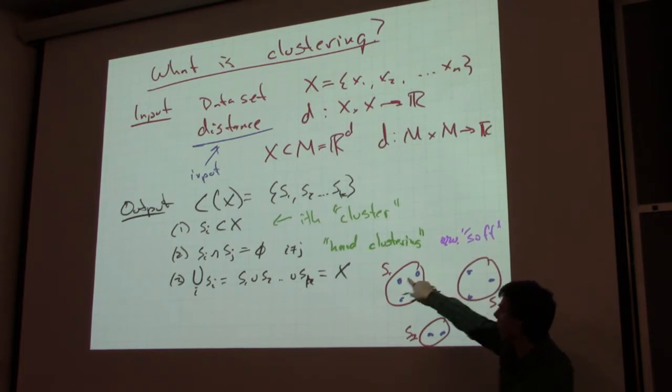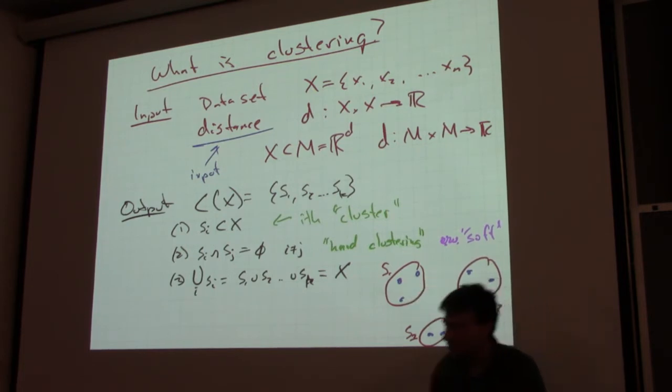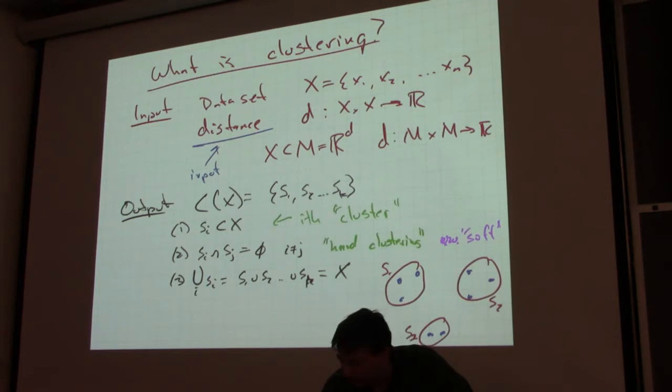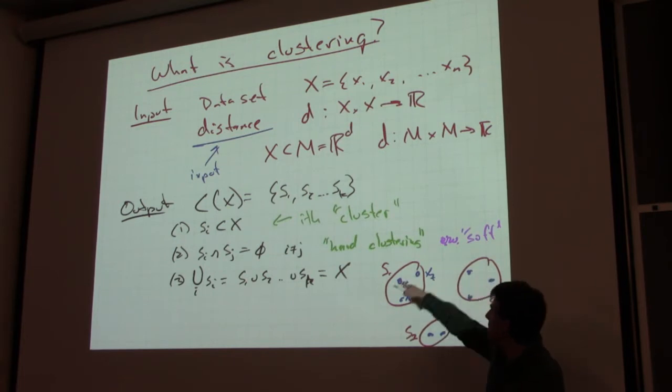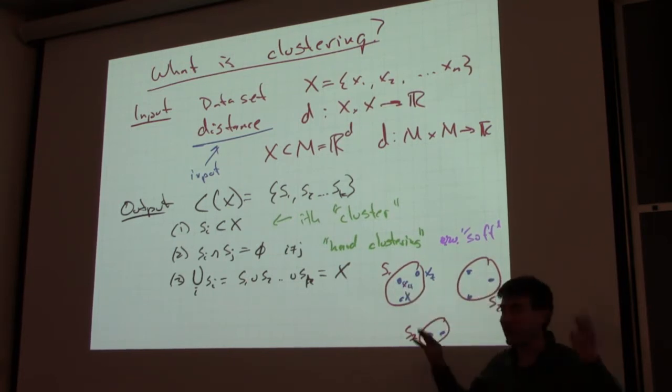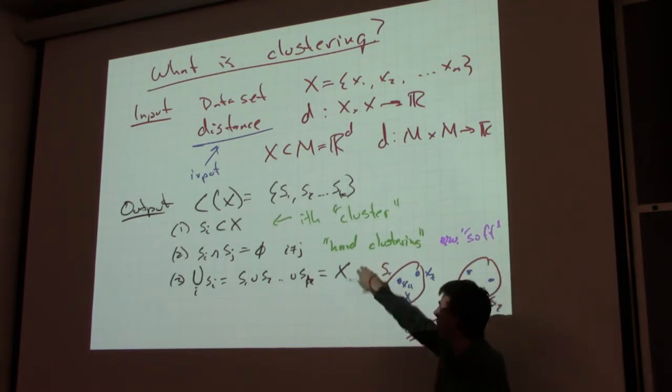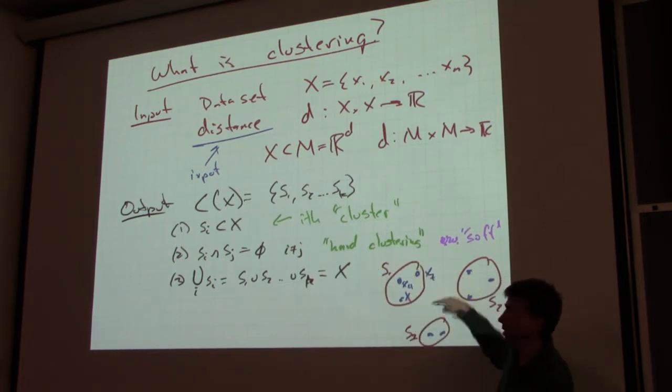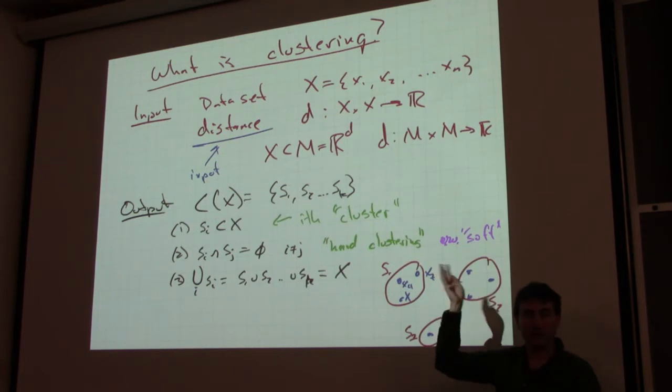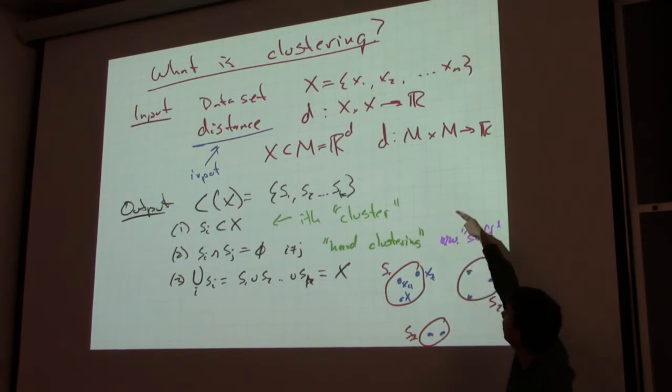S1 is actually these 3 points, for instance X1, X4, and X7, and so forth. These 3 points make up S1. This is S2 and S3, and so forth. They don't intersect with each other. They're all subsets of X, and the union makes up everything. And there are k of them. This is when there are k clusters.